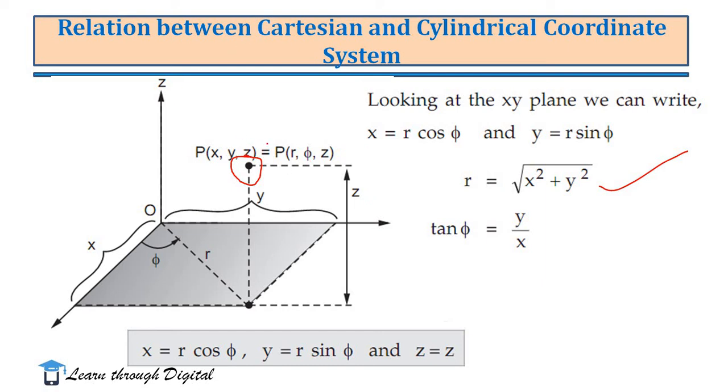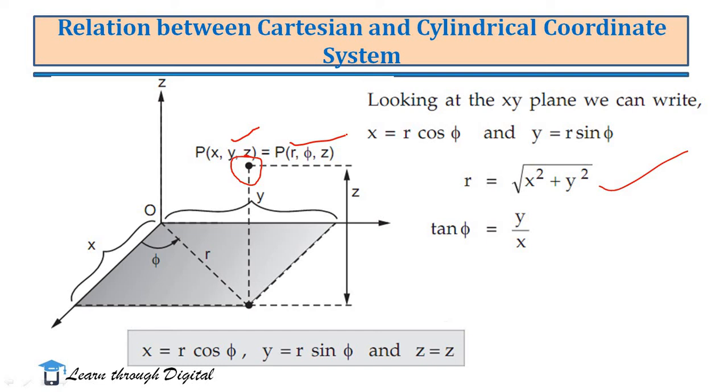Here the point P is represented in both rectangular and cylindrical coordinates. Now, looking at the xy plane, we can write x equals r cos phi and y equals r sin phi. The z remains the same in both coordinate systems.